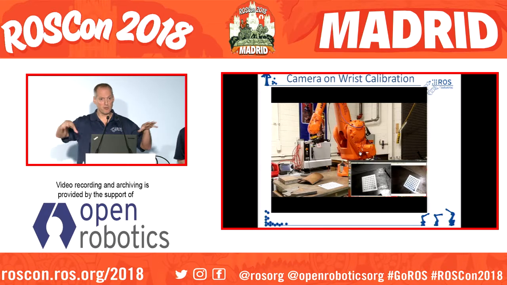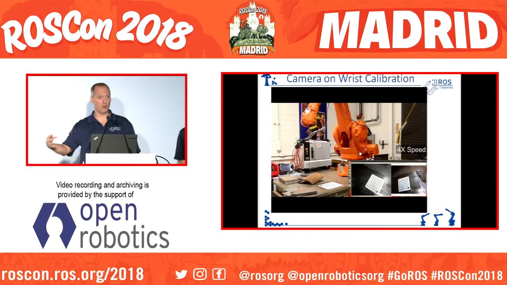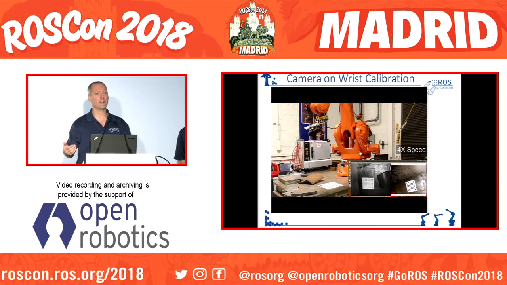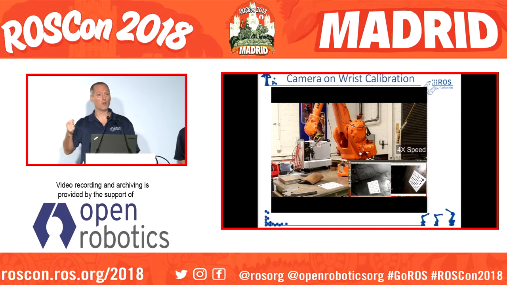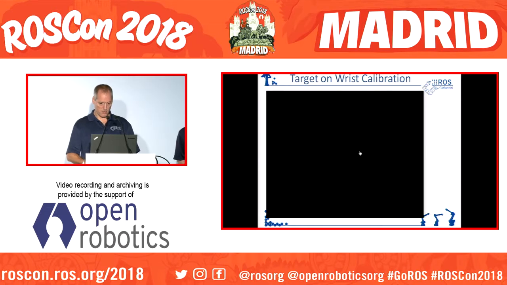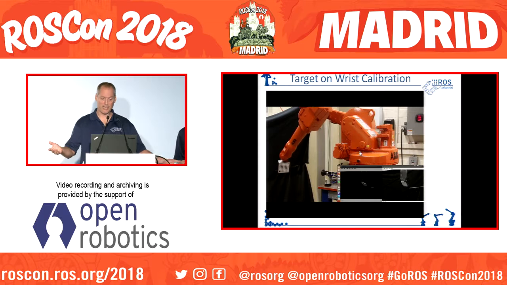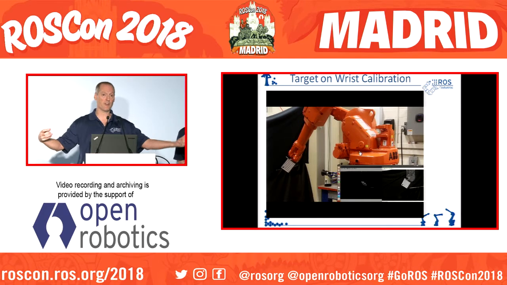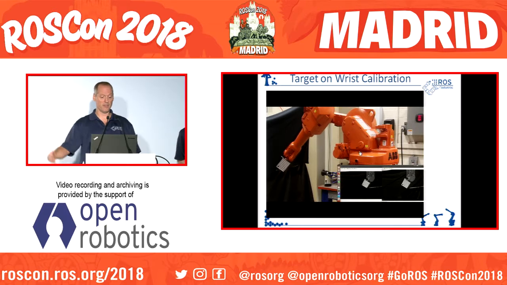You define a bunch of poses where you can see the camera, but you have to do a lot of different poses, and this is where it's critical, again, that you check that covariance to show that you don't have correlation between your measurements. And this is the same exact thing, except we've exchanged the wrist. We put the target on the tool, and the camera's mounted in the work cell.